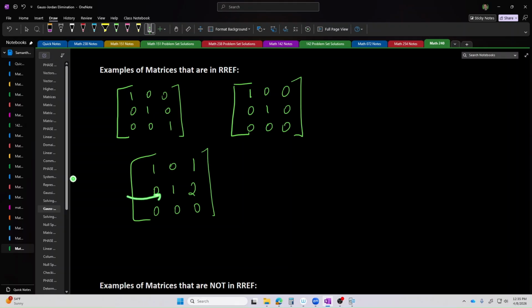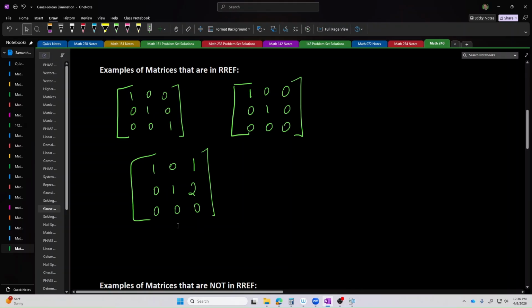The second pivot is located right here in the dead center of the matrix, because this is the first non-zero entry that we encounter in the second row. And then there are no pivots at all in the third row, because the third row is just all zeros. Now, both of the two pivots that we've identified are equal to +1 in their value. Additionally, when we look up and down from those pivots in the matrix, we can see that those pivots are the only non-zero entries in their column.